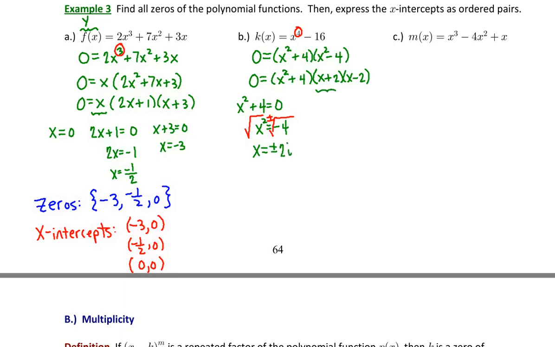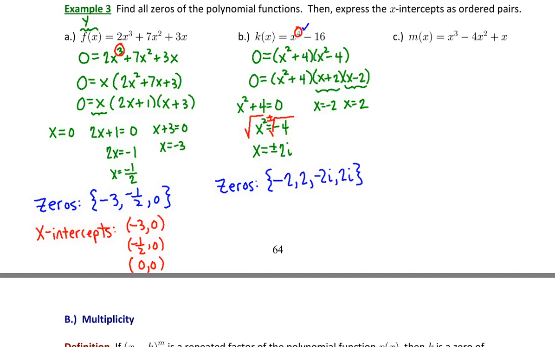Also notice from our second factor, we get the zero -2, and from our third factor, we have the zero 2. So putting this together in a formal list, we have our real zeros first, -2 and +2, and then our imaginary zeros, -2i and +2i.